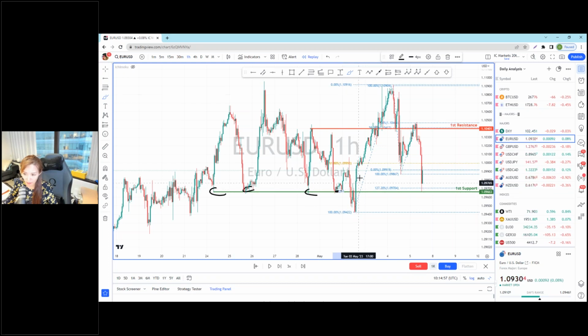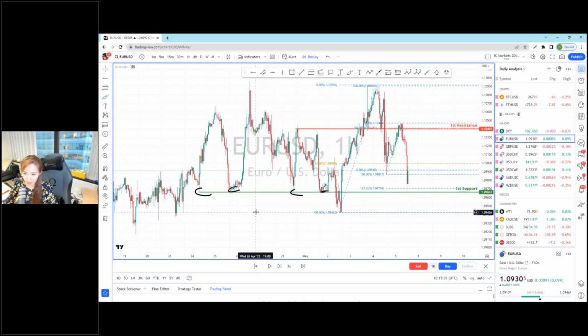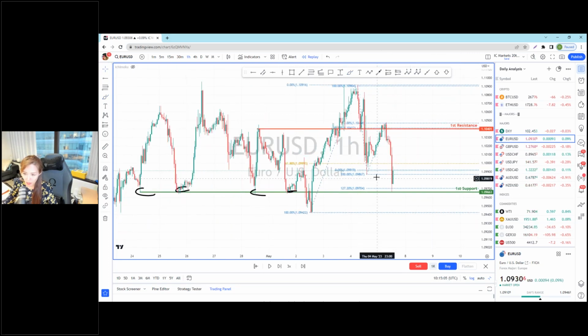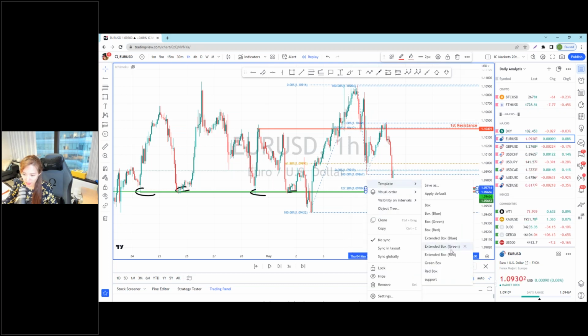When it broke above, it became support. This is overlap support. When you draw like this, overlap support, and then you draw Fibo from here to here, you know that this is the area for your support zone, which has Fibo extension. Okay, this is how you find the setup.